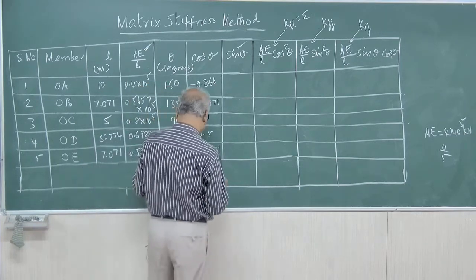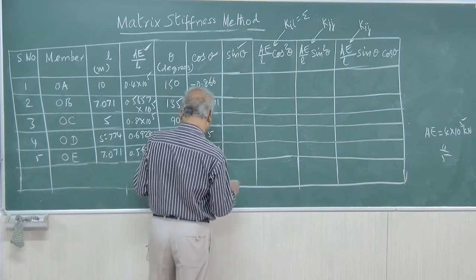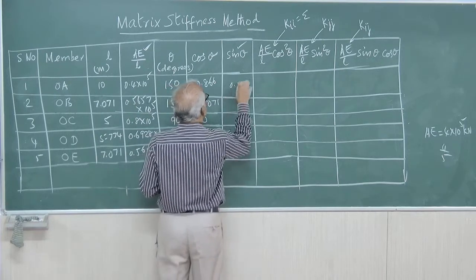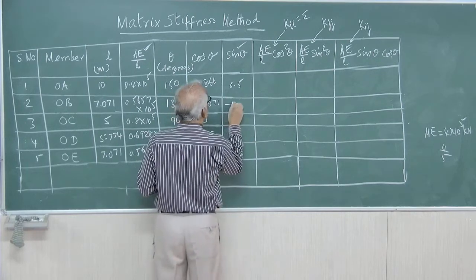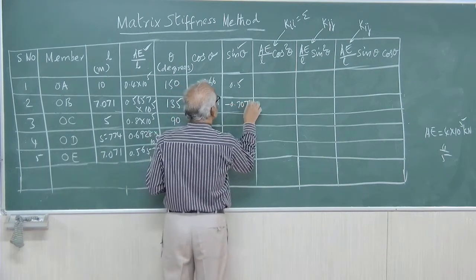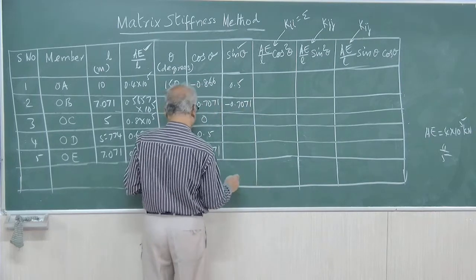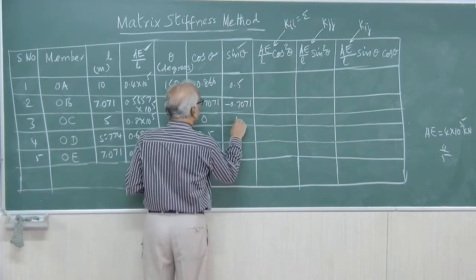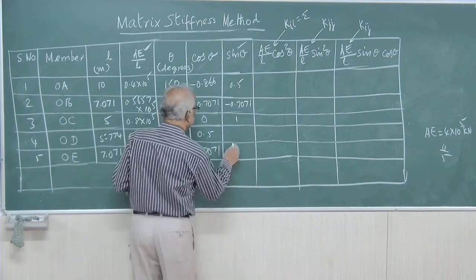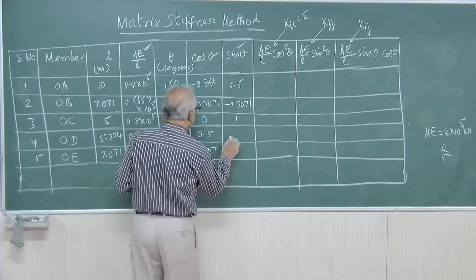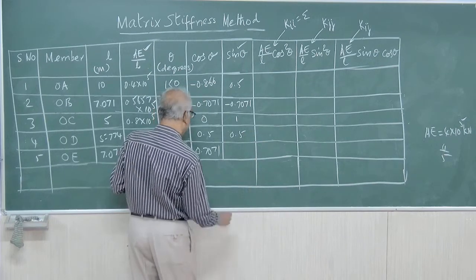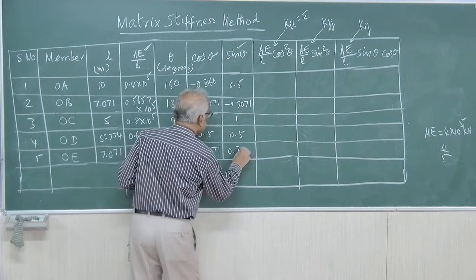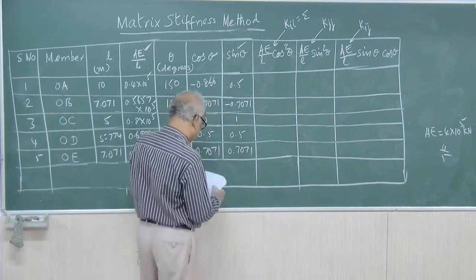And similarly, sin 150 equal to 0.5, sin 135 equal to minus 0.7071. This is sin 90 equal to 1, sin 60 equal to 0.5, and sin 45 equal to 0.7071.